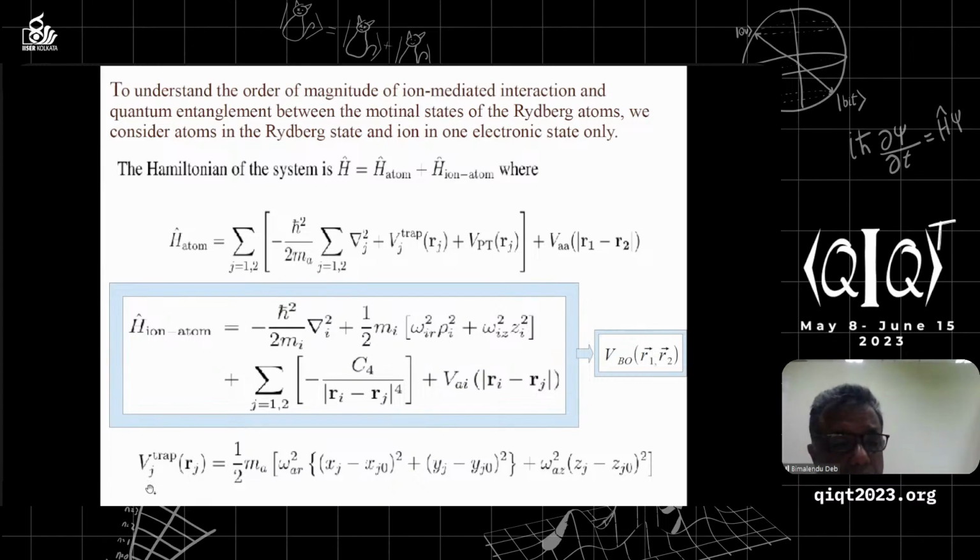And we also consider the atomic trap potentials. For simplicity, we consider the atomic trap potential to be a quasi one-dimensional potential, and it also has cylindrical symmetry. The axis of the atom trap, basically the mean propagation direction of the optical tweezers, and the axial direction of the ion trap coincide.